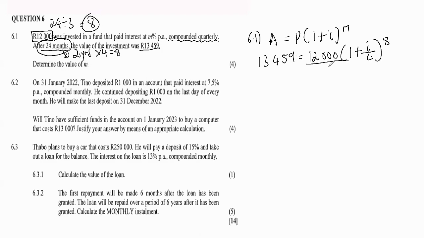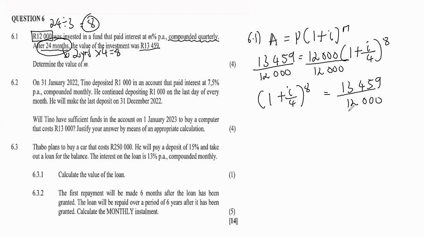Now to solve this, we divide both sides by 12,000, and then we have (1 plus i over 4) to the exponent of 8 is equal to 13,459 over 12,000. To get rid of the 8 here, take the 8th root, and then 1 plus i over 4 is your solution from here.